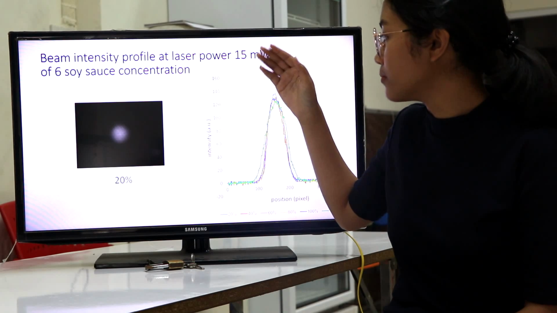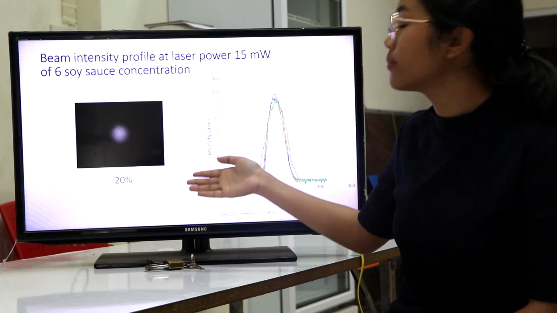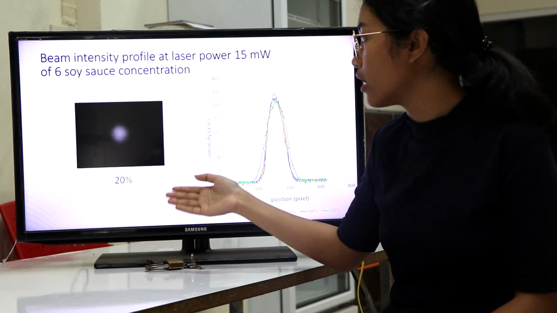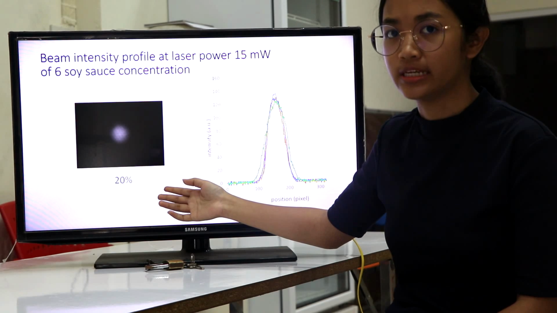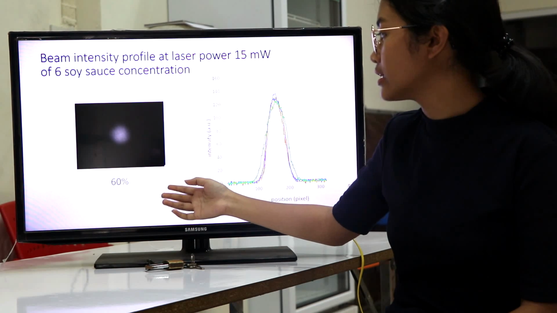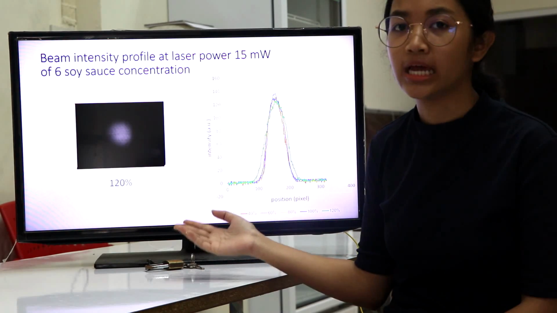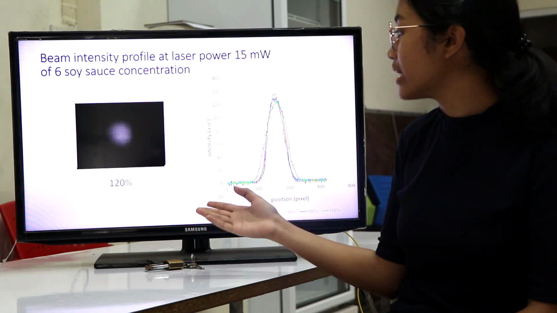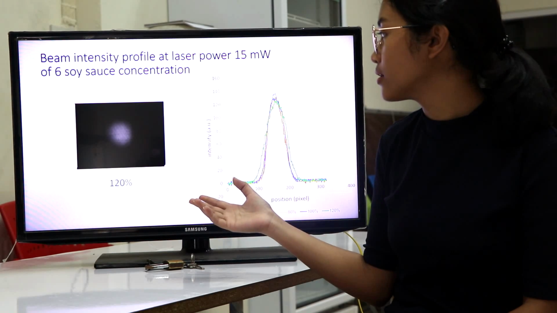I'm showing the beam intensity profile at laser power 50 milliwatts for the 6 soy sauce concentrations. This is 20%, 40, 60, 80, 100, and 120. So you will see that the higher the concentration, the bigger the beam size.